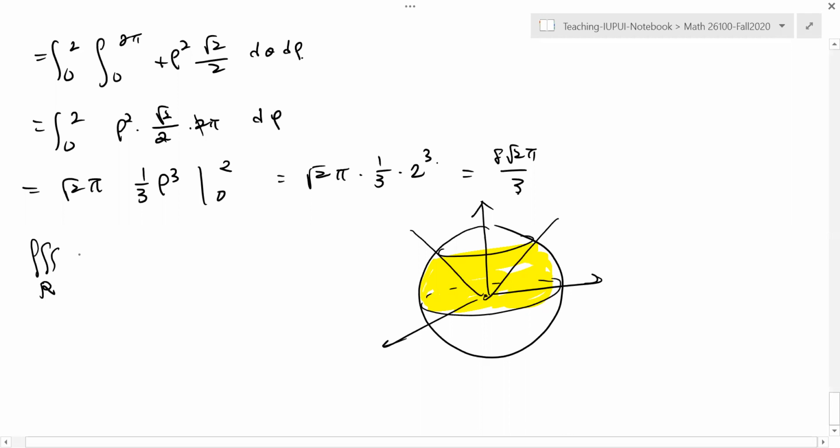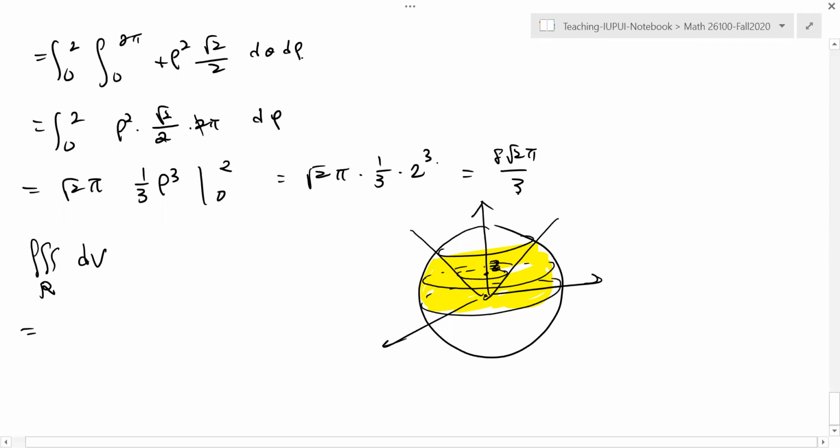This is a dV, right? So what I'm going to do is cut this solid into slices. Remember, this is actually from the Math 165 problem. You fix the z.